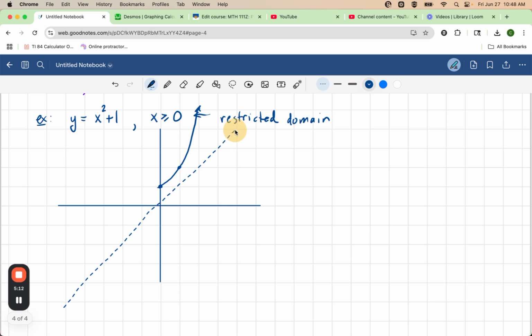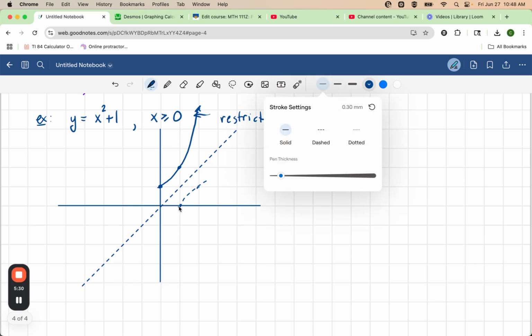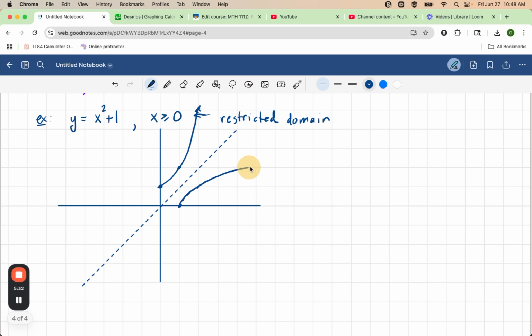So here's my y equals x line. Totally missed in that one. Let's see, y equals x. That's good enough. All right, so it would look like this, wouldn't it? All right, and that one is a function.